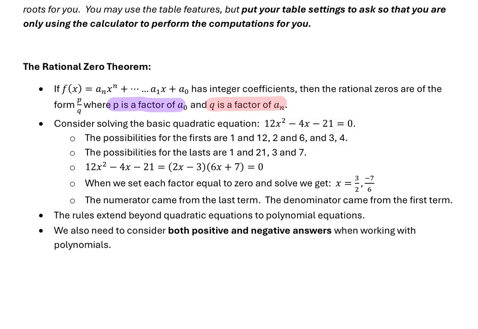These are going to be the only possibilities for my denominators, and we'll see why in a minute. We also had to think about the possibilities for the lasts, which were 1 and 21 or 3 and 7.